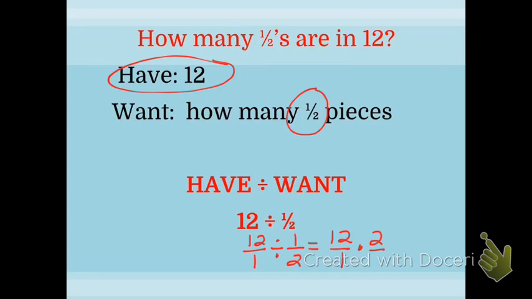Good. And then 12 times 2 is 24. 24 over 1 gives us just 24. So it's 24 what? 24 pieces. If you said halves, that's fine, but it's really pieces. So we have 24 pieces.